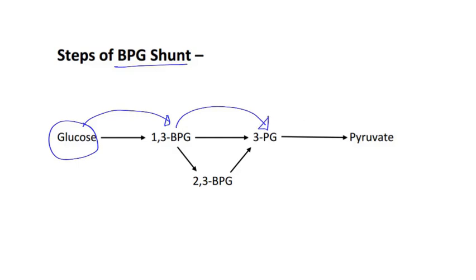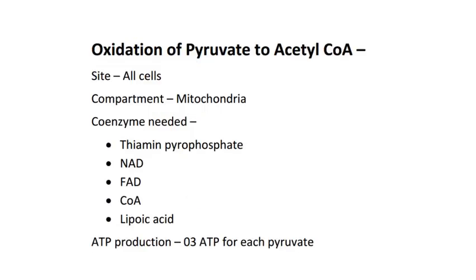But in RBC, through BPG shunt, 1,3-bisphosphoglycerate produces 2,3-bisphosphoglycerate, then 2,3-bisphosphoglycerate produces 3-phosphoglycerate, and this 2,3-bisphosphoglycerate helps hemoglobin to carry or transport oxygen.